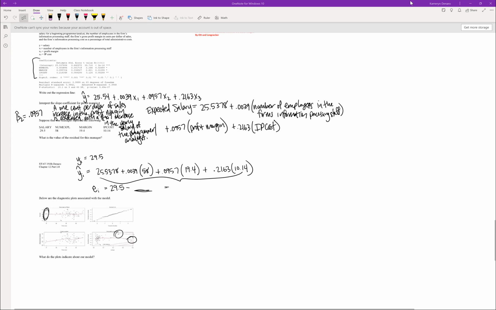I have you shared on my notebook, so calculate it along with me: 25.5378 plus 0.0039 times 58, plus 0.0957 times 19.4, plus 0.2163 times 10.14.